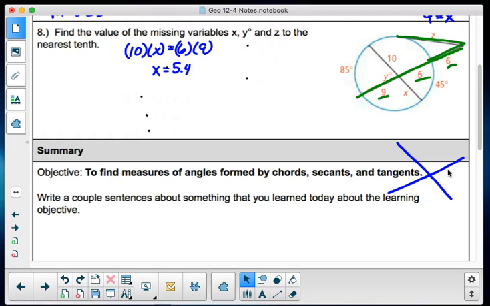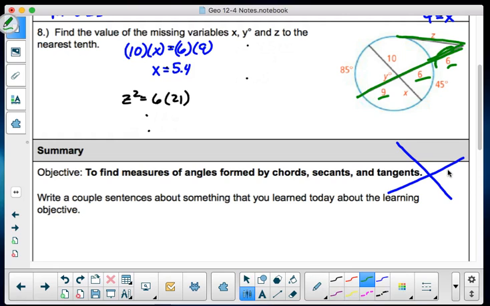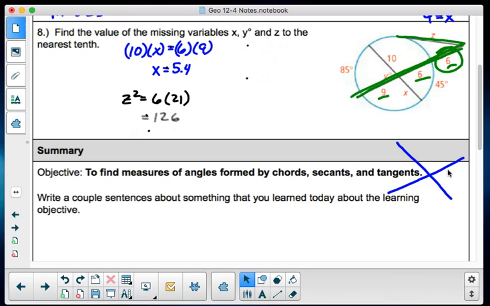So 21 times 6 is equal to Z squared. Remember, it's the outside times the entire length, and the entire length is 12 plus 9, which is 21. I've got 126 on the right, and now I'm going to take the square root of both sides, and 11.2 is the value for Z.